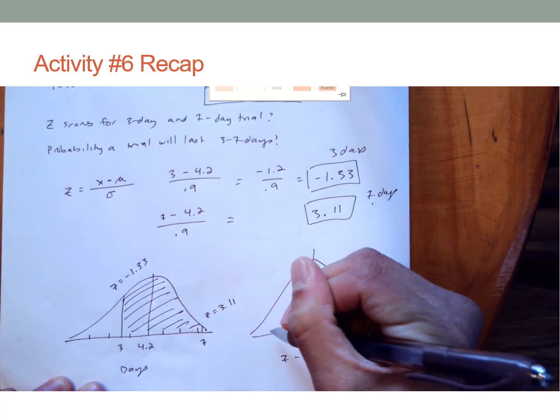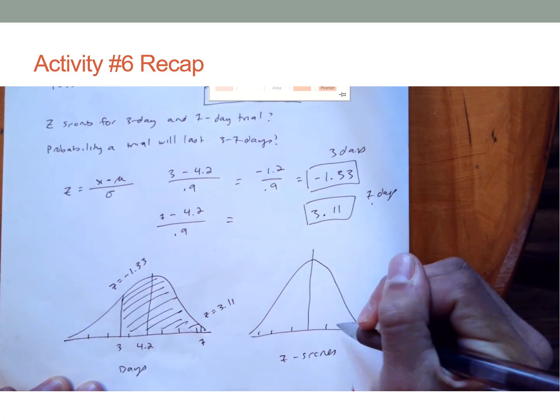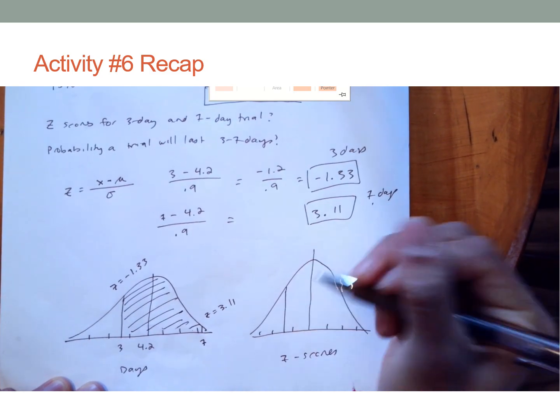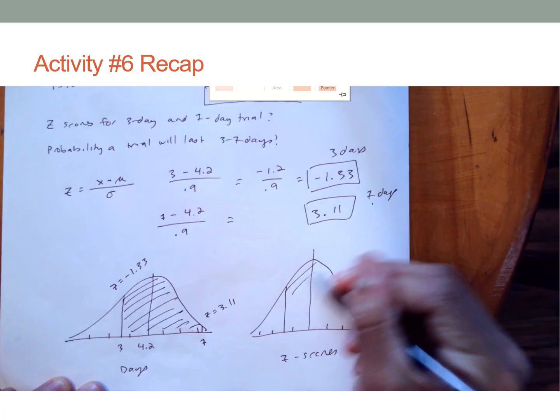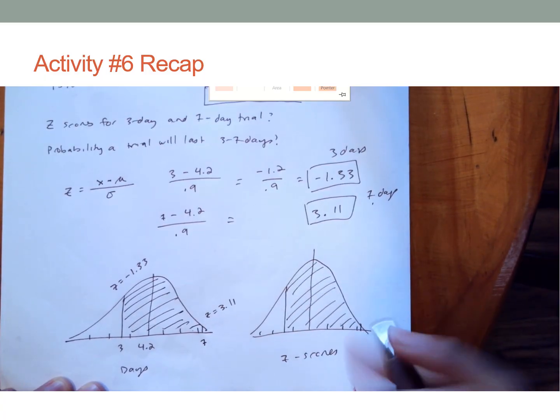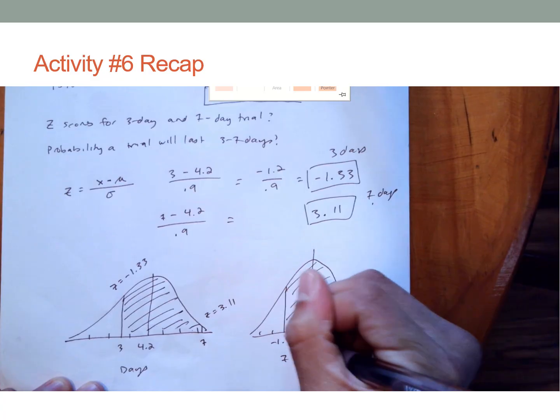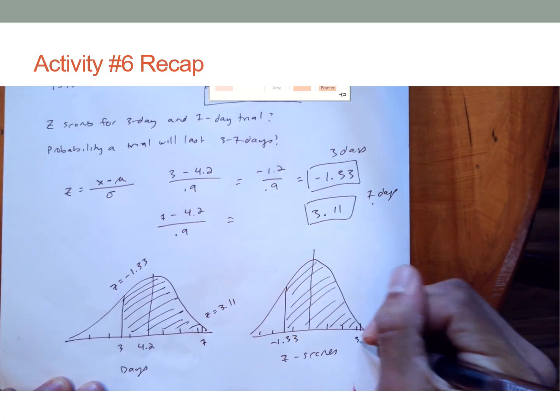So we can redraw our distribution. It'll look exactly the same scale. The lines are going to fall in exactly the same place. We're going to have exactly the same amount of area under the curve shaded, but instead of counting in days, we're counting in z-scores, so it looks like this.